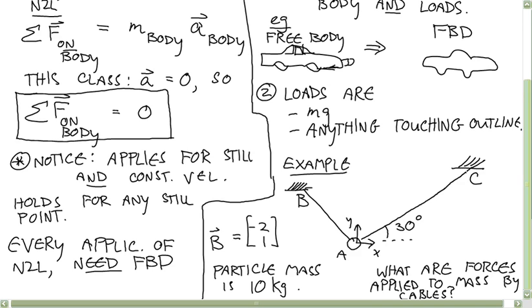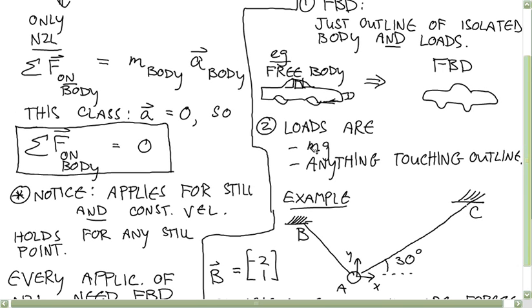So there's the mass, and when I mentioned what loads go into the free body diagram, or what loads are acting on the body, we know that there's gravity. So that's a force of mg acting down. M is 10, so if we're doing this in SI units, we have 98.1 newtons.